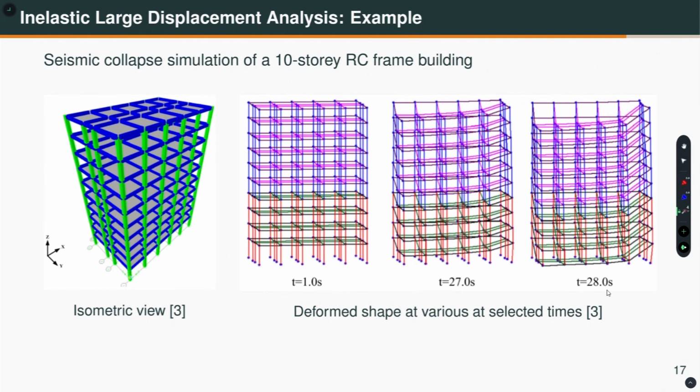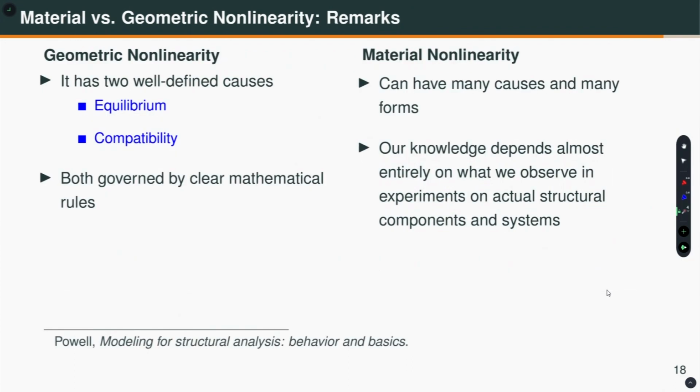So, with that, some final remarks. Geometric nonlinearity has two well-defined causes, equilibrium and compatibility, and both are governed by clear mathematical rules. So we can formulate things. On the other hand, material nonlinearity can have many causes and many forms, although it stems primarily from nonlinear stress-strain relationships.